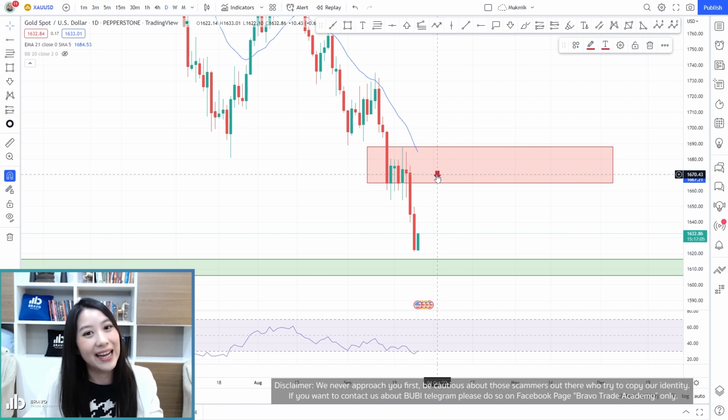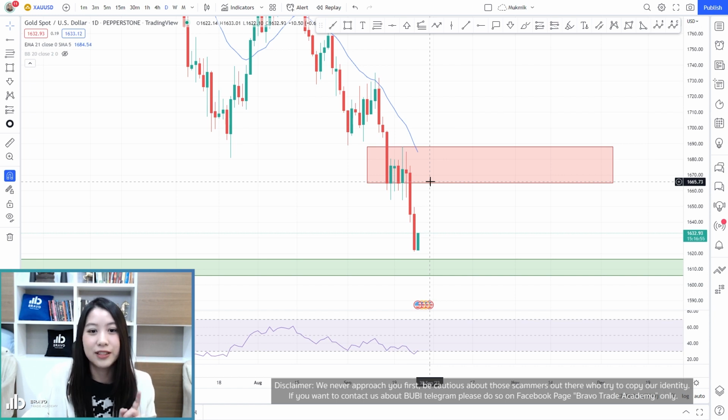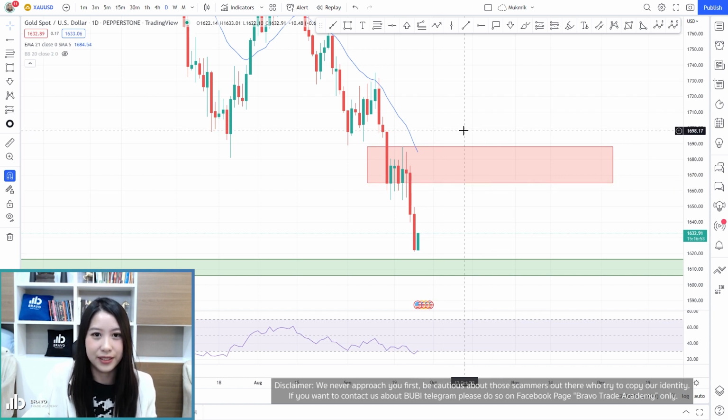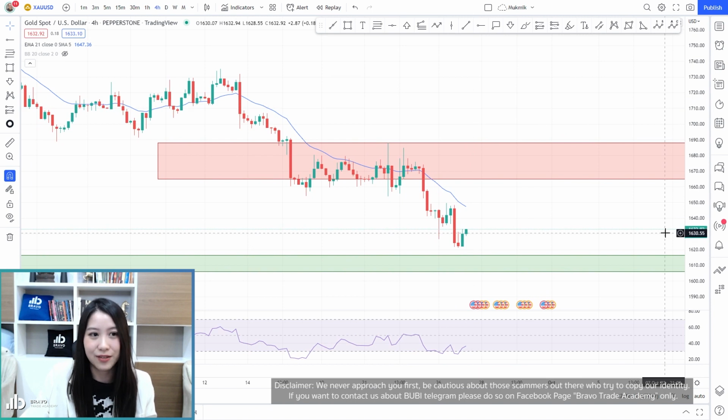Really huge. So we would not just place a pending order there. If you place a pending order here, the most reasonable stop loss would be above the zone. That's huge, okay? So be patient and wait for the price structure first.